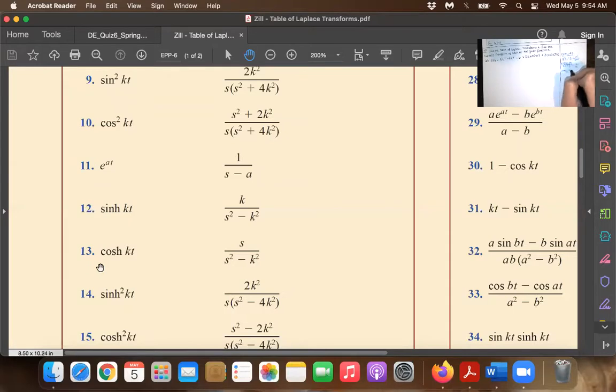Entry number 12 tells us that the Laplace transform of hyperbolic sine of kt is k over s squared minus k squared. And the Laplace transform of hyperbolic cosine of kt is s over s squared minus k squared.